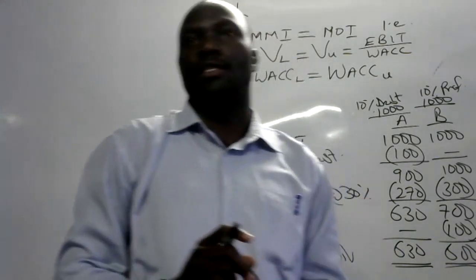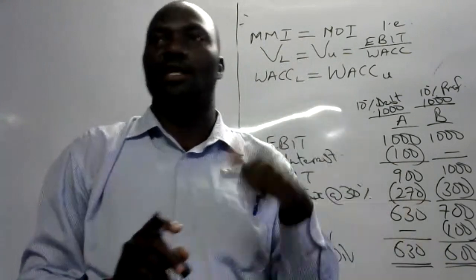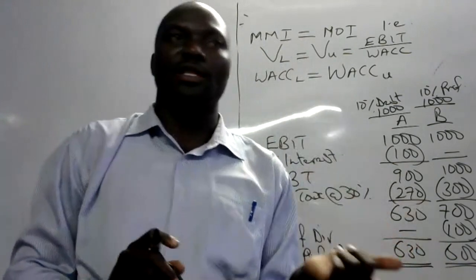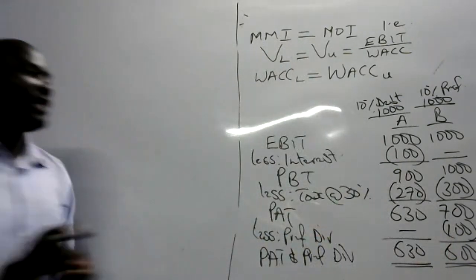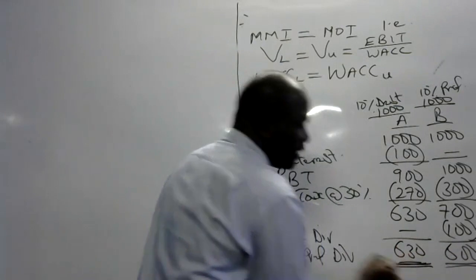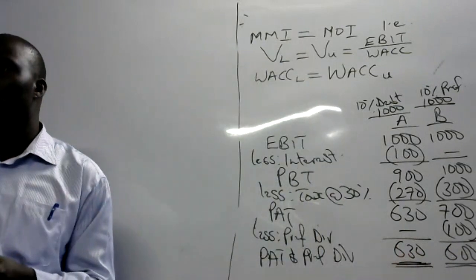The one that had debt is happy, even though the finance cost was the same: 100 for preference dividends and 100 for the interest. So why is this company happy? It is happy because there are tax savings coming in because of interest on debt.